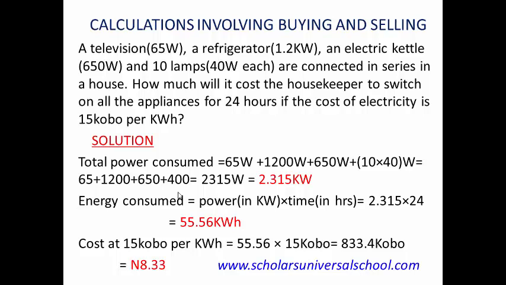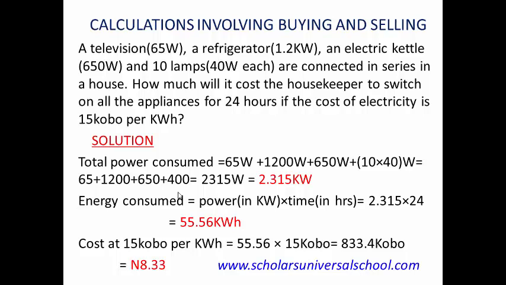Now, the first thing we have to do is to find the total power consumed by this person. The television was switched on for 24 hours, the same for the refrigerator and the electric kettle. Now, we have 65 watts for the television plus the refrigerator.